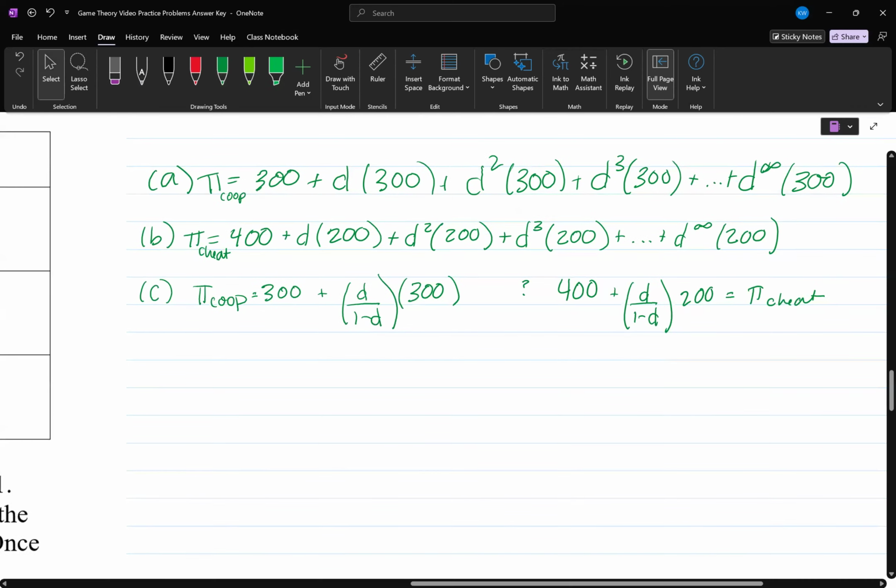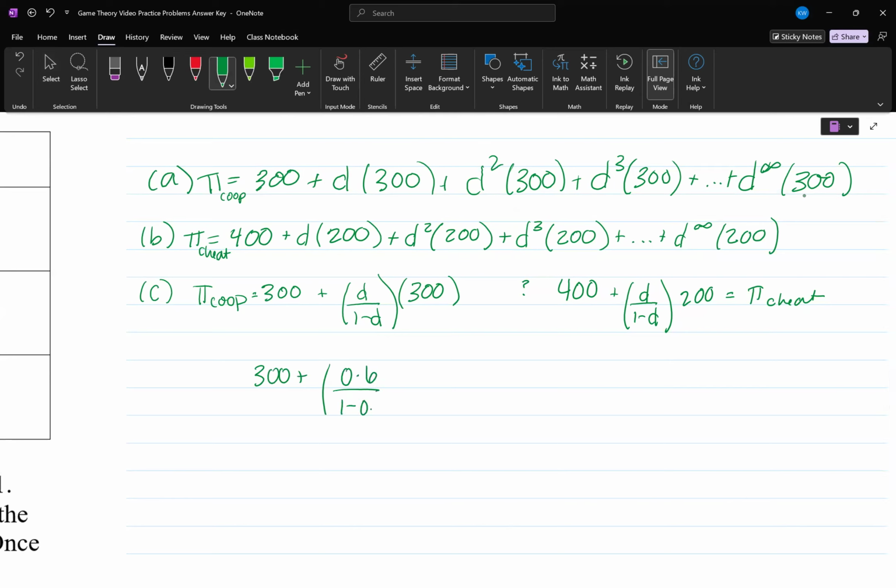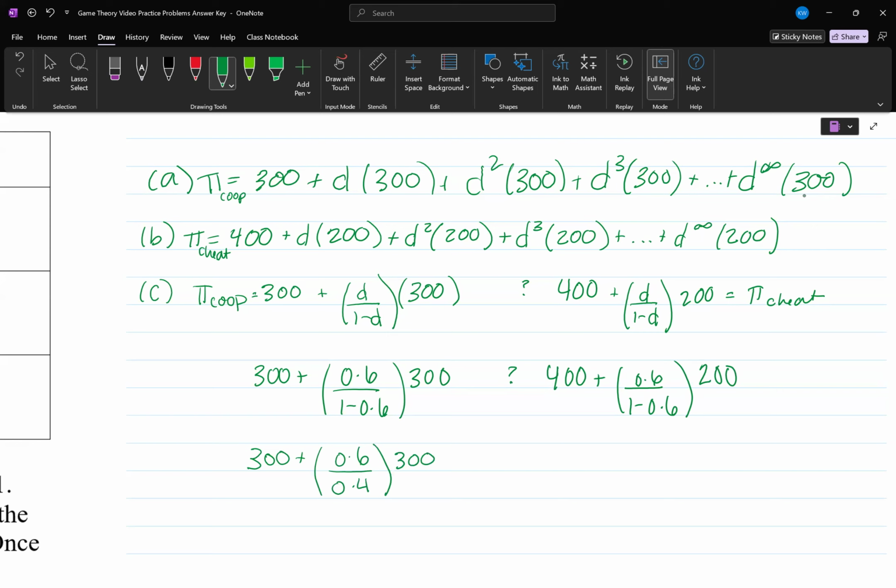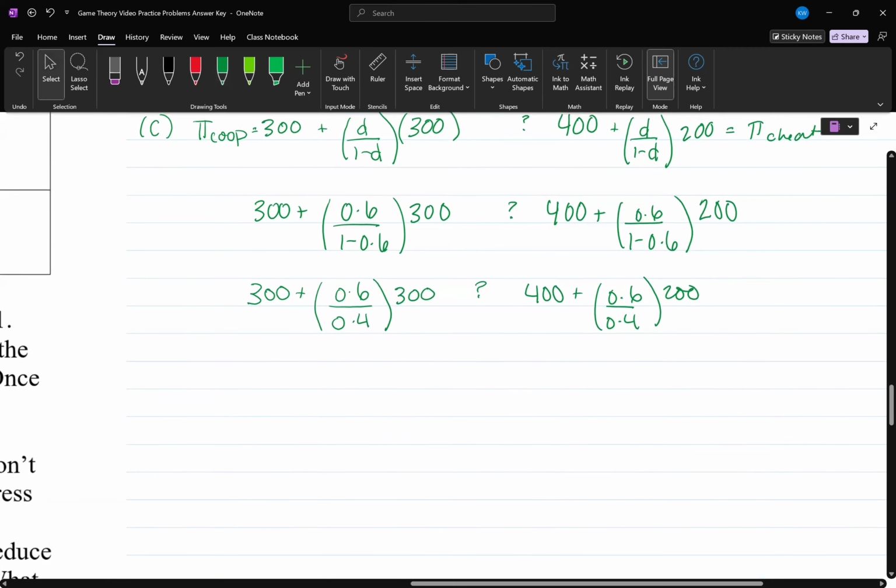Okay, so we have 300 plus 0.6 over 1 minus 0.6 times 300, and we want to know how that compares to 400 plus 0.6 over 1 minus 0.6 times 200. Simplifying, we have 300 plus 0.6 over 0.4 times 300, compared to 400 plus 0.6 over 0.4 times 200. 0.6 divided by 0.4 gives us 1.5.